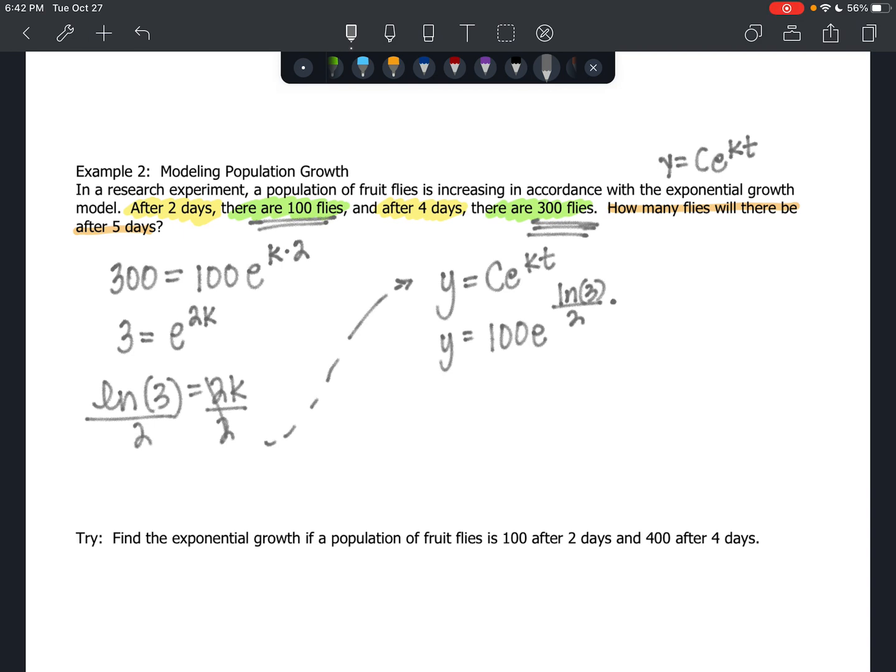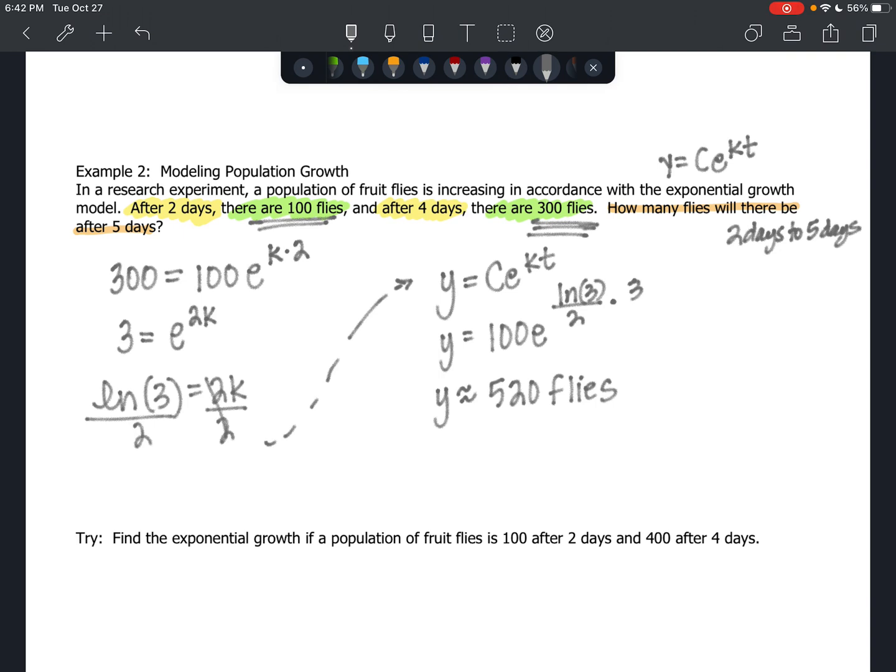So from 2 days to 5 days, that's 3. I put that into my calculator, and I get an end amount of fruit flies being approximately, drum roll, 520 flies.